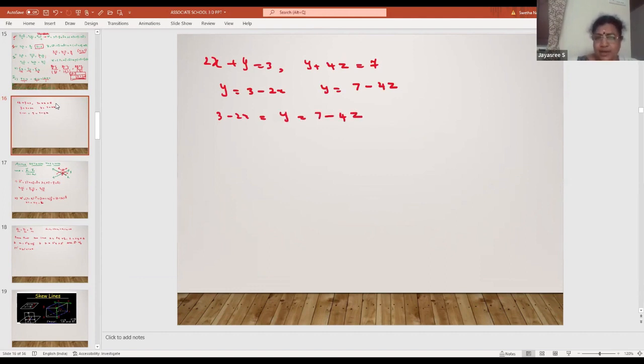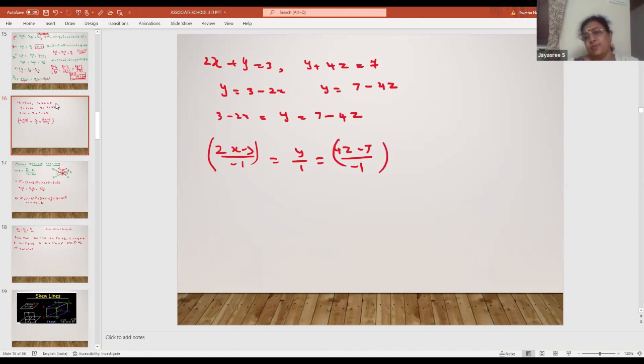Now they can divide by minus 2 to make it a standard form, both numerator and denominator for everything, or change it and write it as minus 2x minus 3 by minus 1, and y by 1, 4z minus 7 by minus 1. First remove the minus sign, then divide the numerator and denominator by 4 to make it standard form, divide here by 2 to make it standard form, divide by 4. This is what is important, so the children can identify. All these questions we need to train them at the beginning itself.